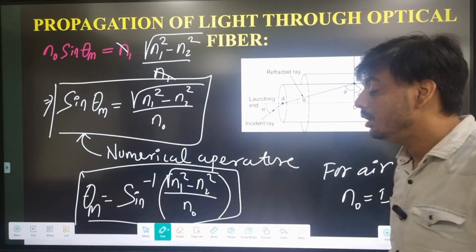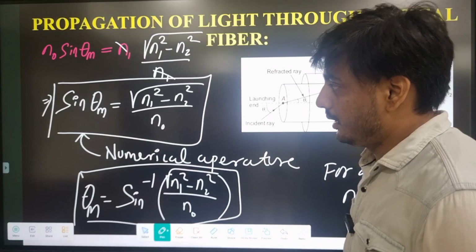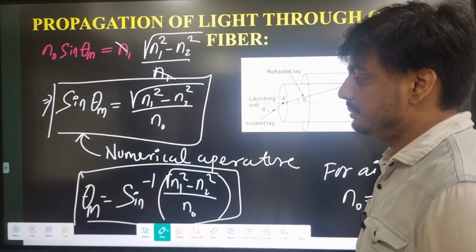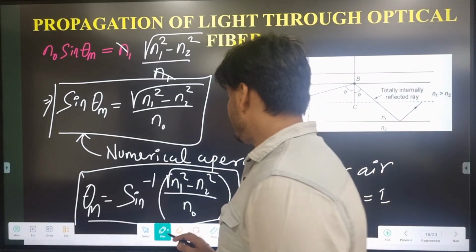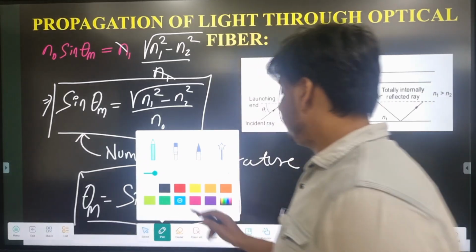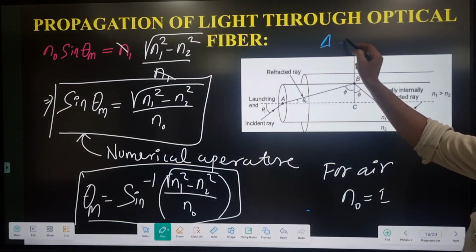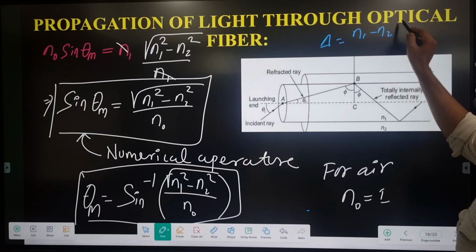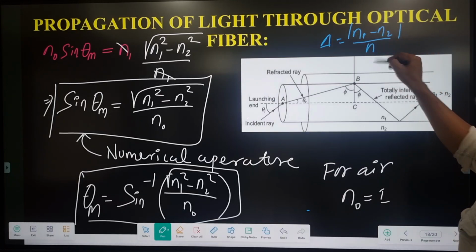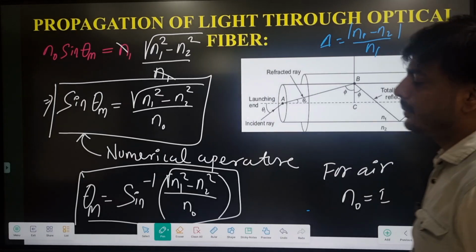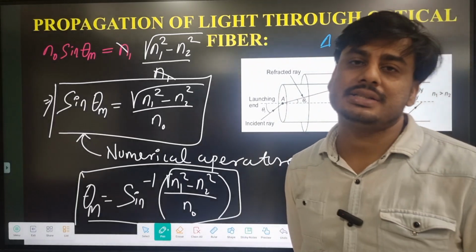This is the expression for acceptance angle, and this one is numerical aperture. Similarly, there is another term, fractional refractive index change. It is delta, equal to the magnitude of n1 minus n2 divided by n1. That ratio is said to be the fractional refractive index change.